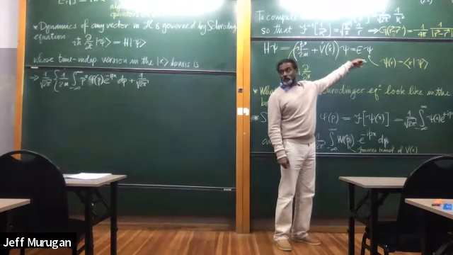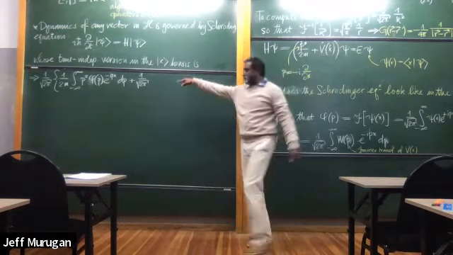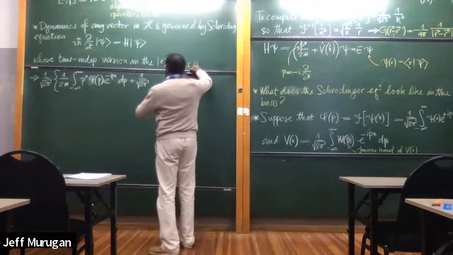Each of those comes with a factor of 1 over root 2 pi. I've taken 1 out, so there's 1 remaining.